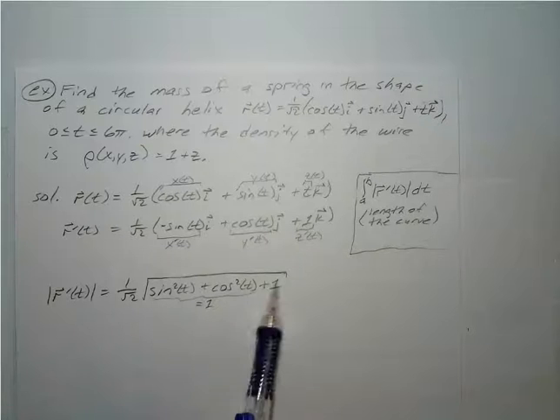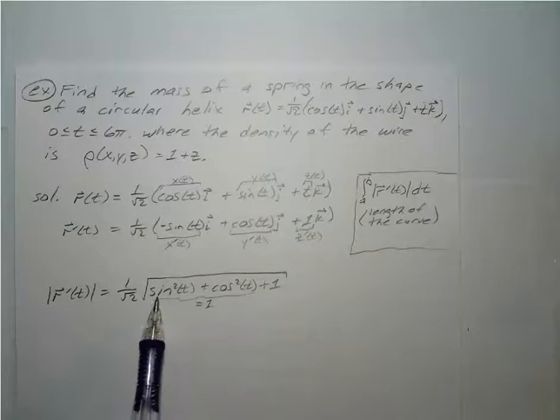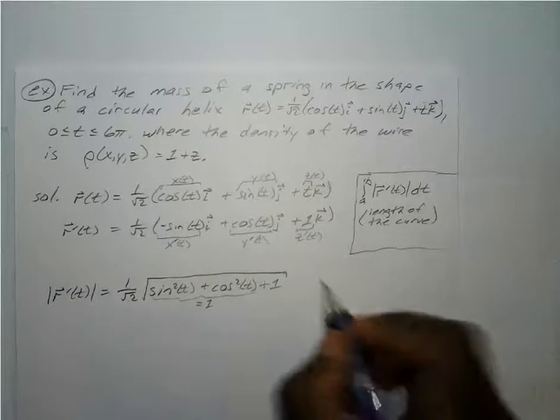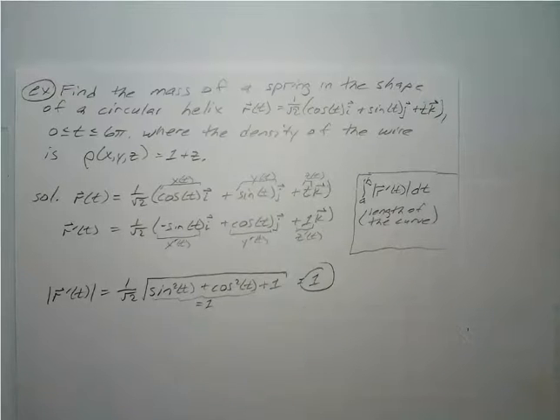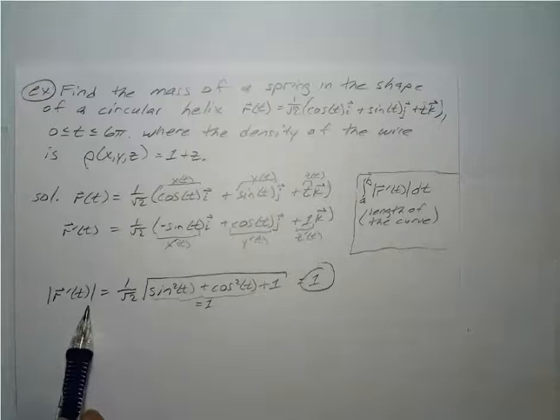So that leaves you with square root of 2. So square root of 2 times 1 over square root of 2 will just leave us with 1. Alright? So it turns out we didn't really need that, because any multiple of that would just turn out to be 1.